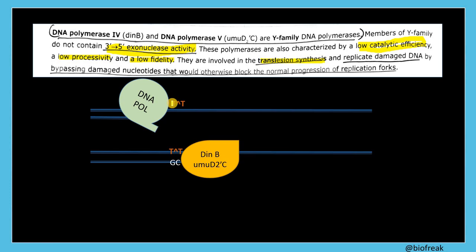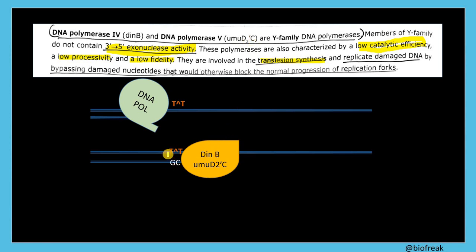In this case, let's look at this particular thymine dimer. Here there is a thymine dimer, and DNA pol 3 for that matter cannot bypass this damage without rectifying it. So here in translesion synthesis, DNA pol 4 and 5 will come and bind to this strand, DNA pol 3 will leave, and now this particular DinB and UmuD2C will come and bind.